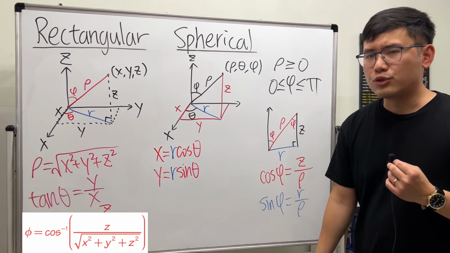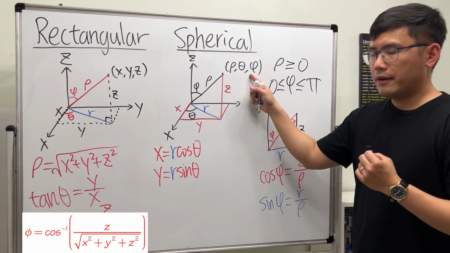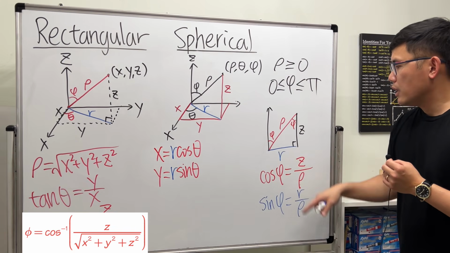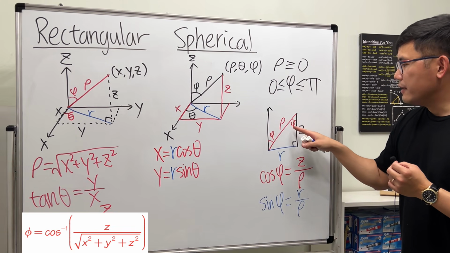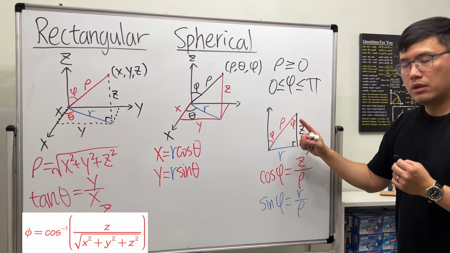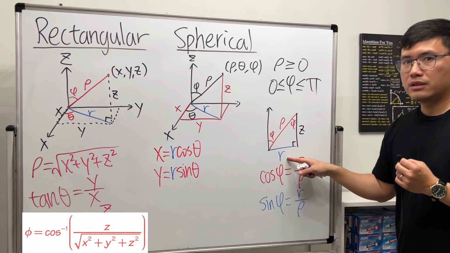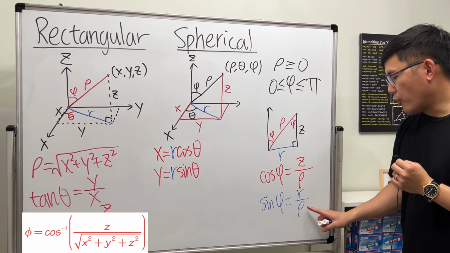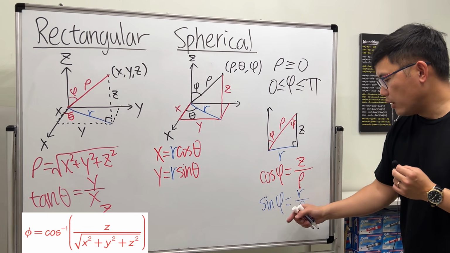But now, here's the trouble. Technically, we don't have r given. But it's okay, because we can look at this picture. We have phi and rho. For r, how can we figure it out? It's right here. Sine phi equals r over rho. So we can just multiply rho on both sides.